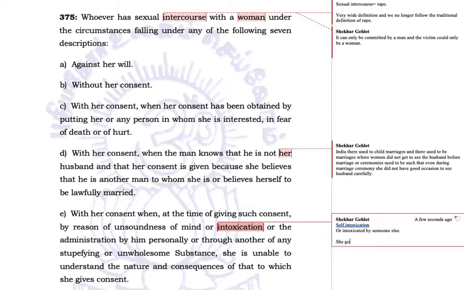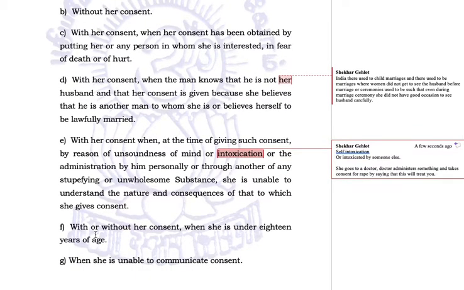She goes to a doctor, by saying something that this will treat you, she is now under a drug which a doctor has given to her, so she cannot give a valid consent. This is a rape.